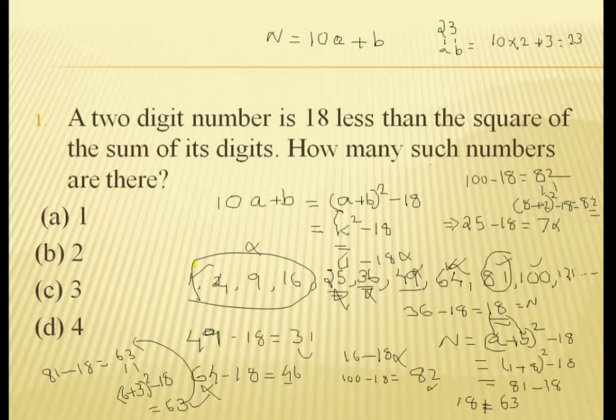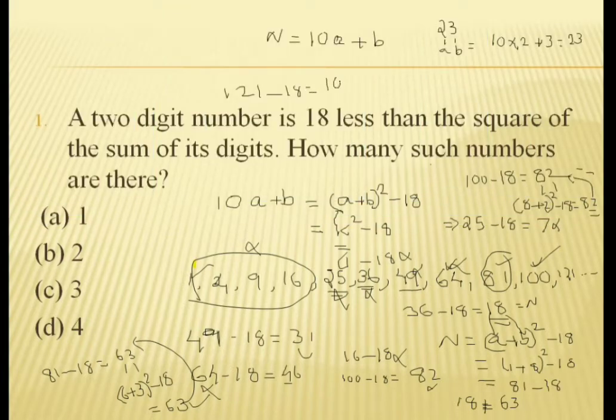Again 10 square minus 18 is equal to 82. So 82 equal to 82, which means 100 is also satisfying. So 82 is the next number. So 81 and 100 both perfect squares are satisfying.